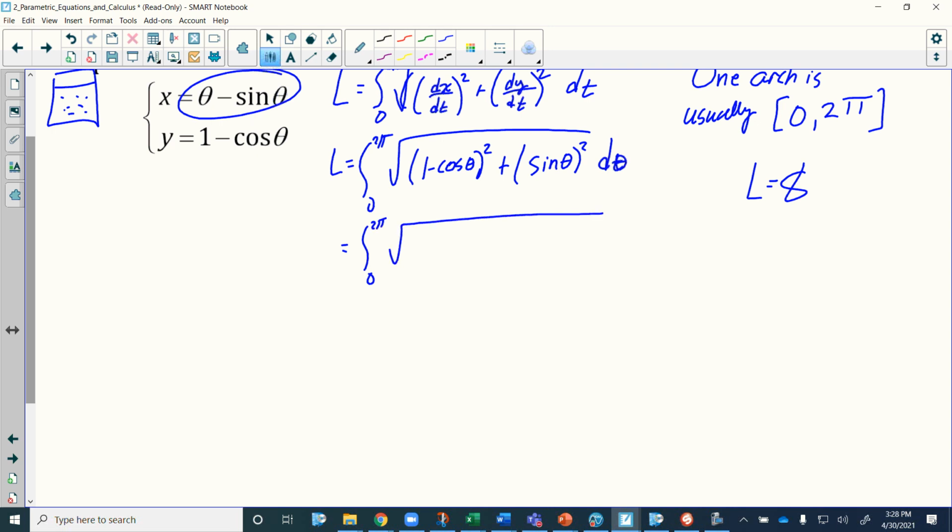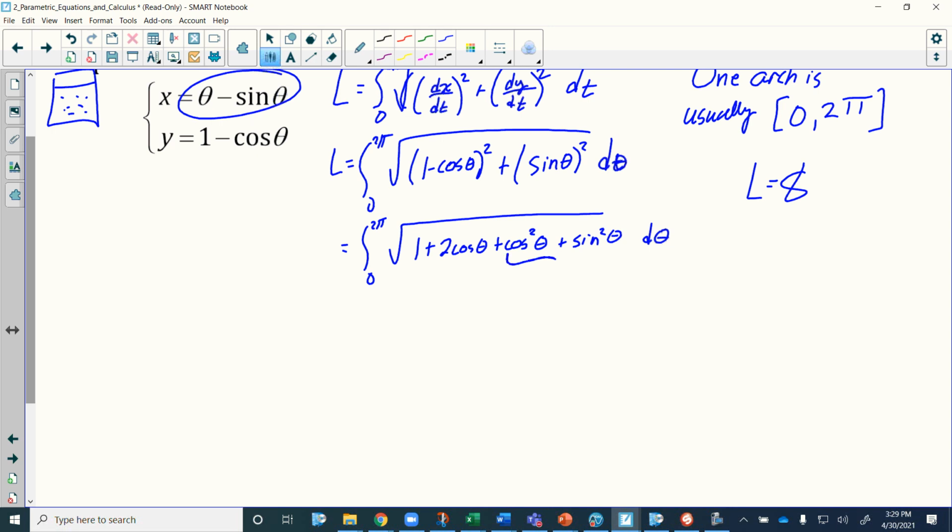And when I expand the 1 minus cosine of theta squared, that's going to give me 1 plus 2 cosine of theta plus cosine squared of theta. And if I square sine of theta, that's just going to be sine squared of theta d theta.